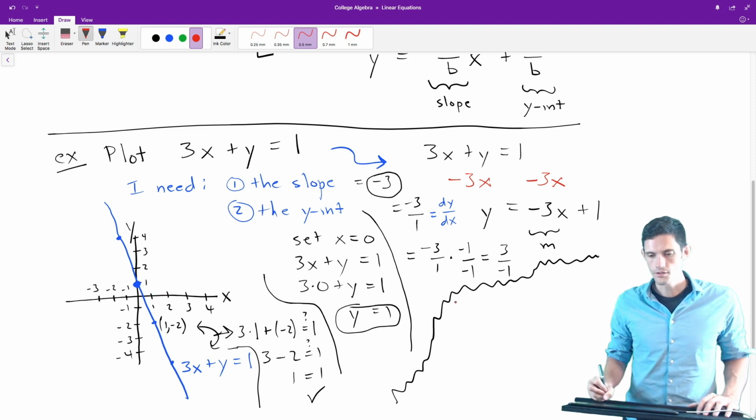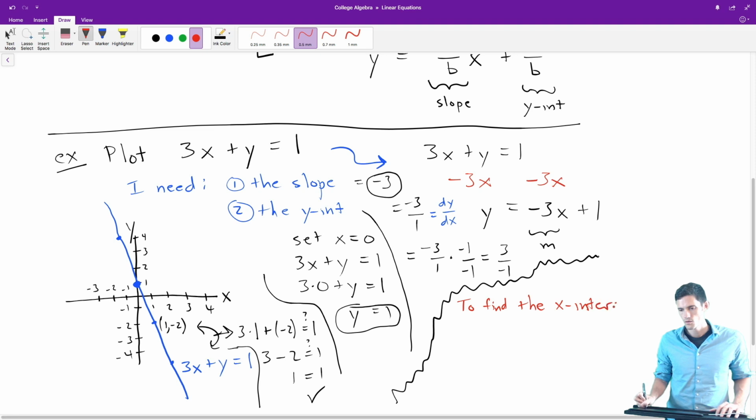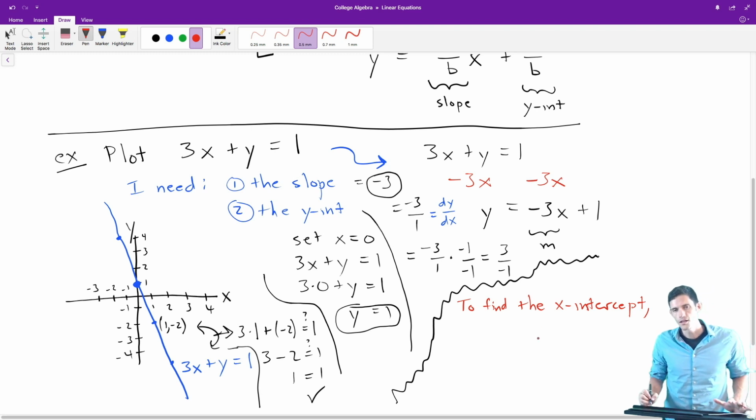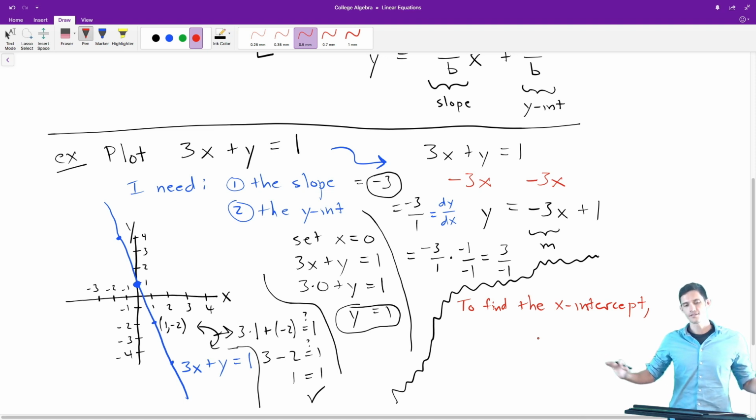So to find the x-intercept, the x-intercept being the place where the line intercepts the x-axis, and the property of all the points on the x-axis is that the y values are 0, then to find the x-intercept, you would want to set y equal to 0.